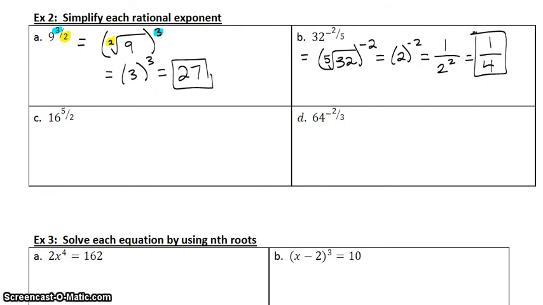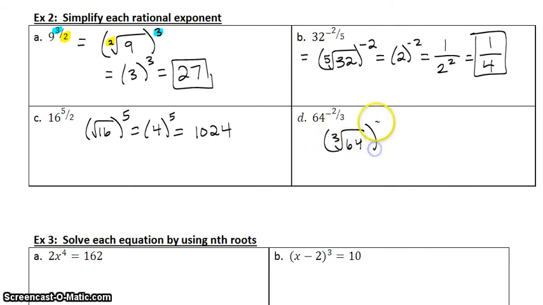Pause the video and try C and D. Here's what I'm getting. 4 to the 5th power, which is 1024, and then part D, 1 over 16.